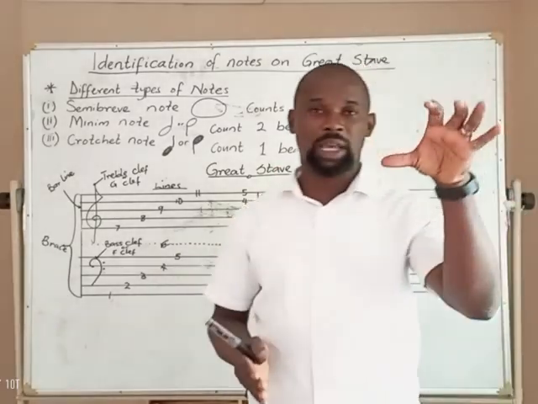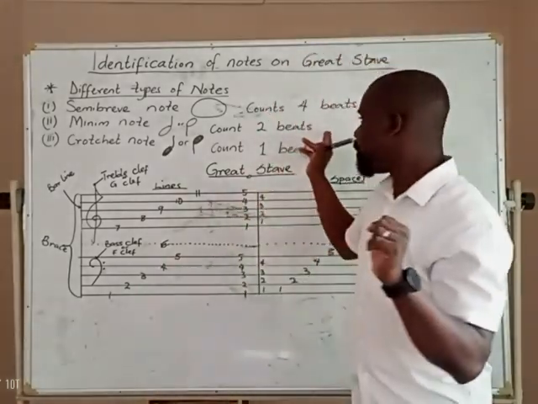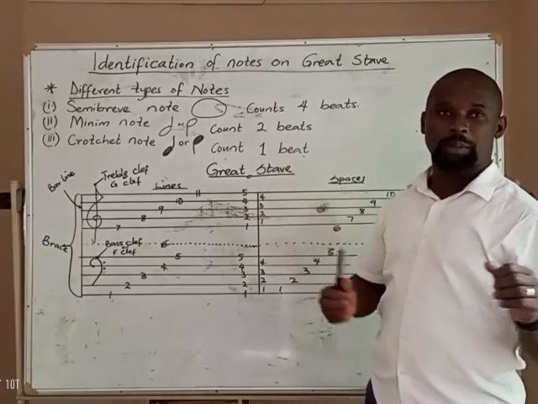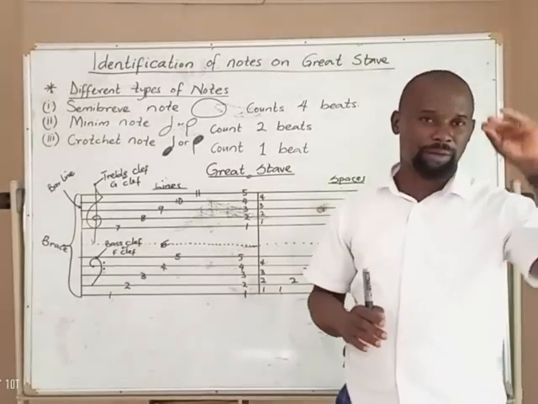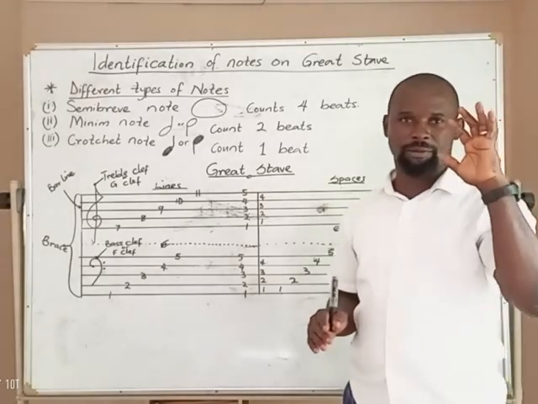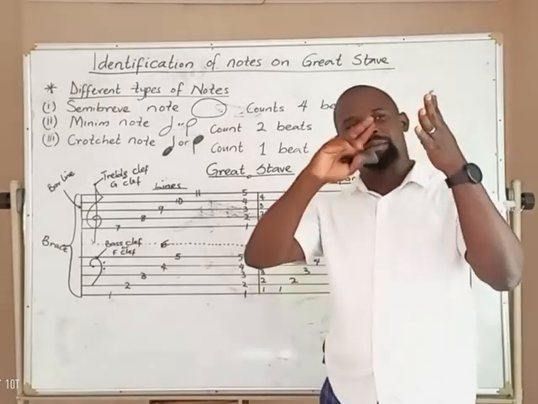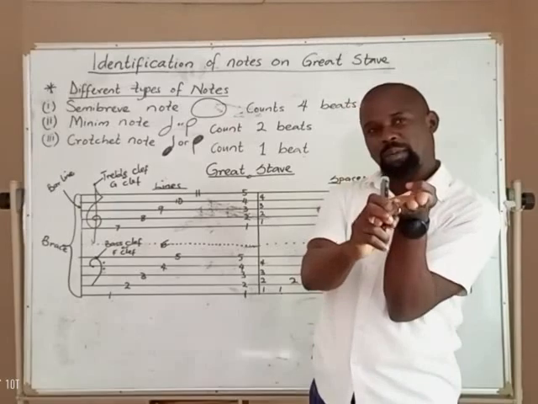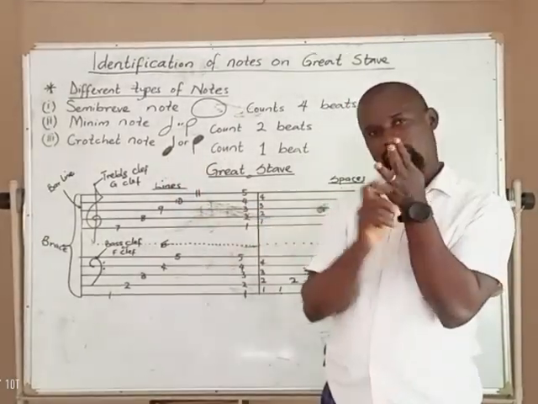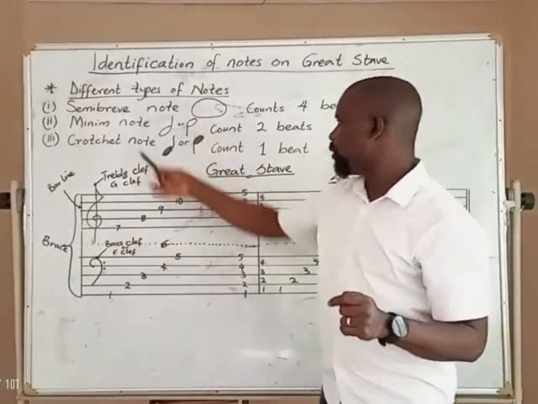The semibreve is 4 beats, the minim counts 2 beats, and then we have the crotchet, which counts 1 beat. See, it keeps dropping by half. The minim is half of the semibreve, and the crotchet is half of the minim. So take note of this.